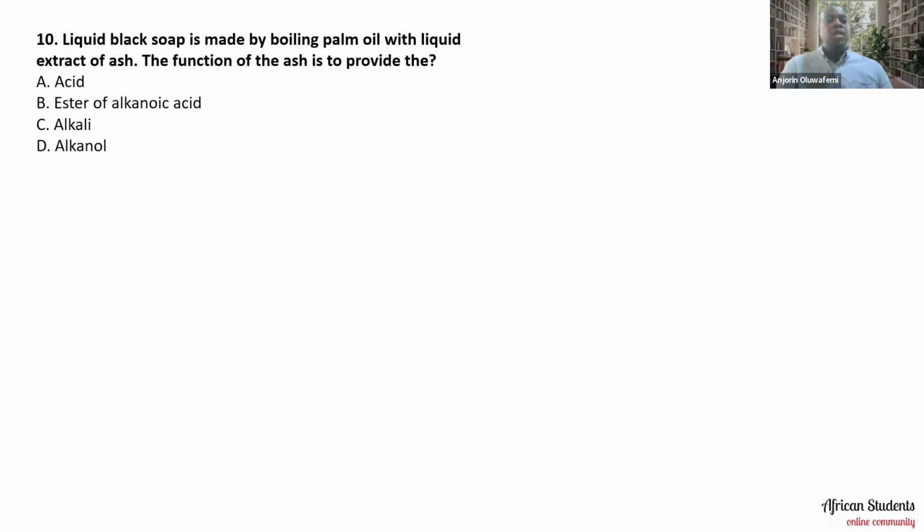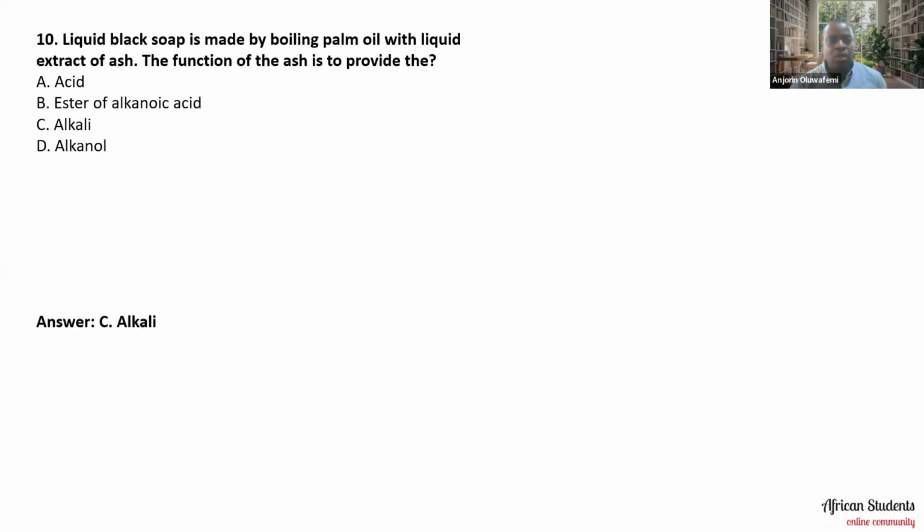Okay. The 10th question says that liquid black soap is made by boiling palm oil with liquid extract of ash. The function of ash is to provide the A, acid, B, ester of arachidonic acid, C, alkali, D, alkanol.